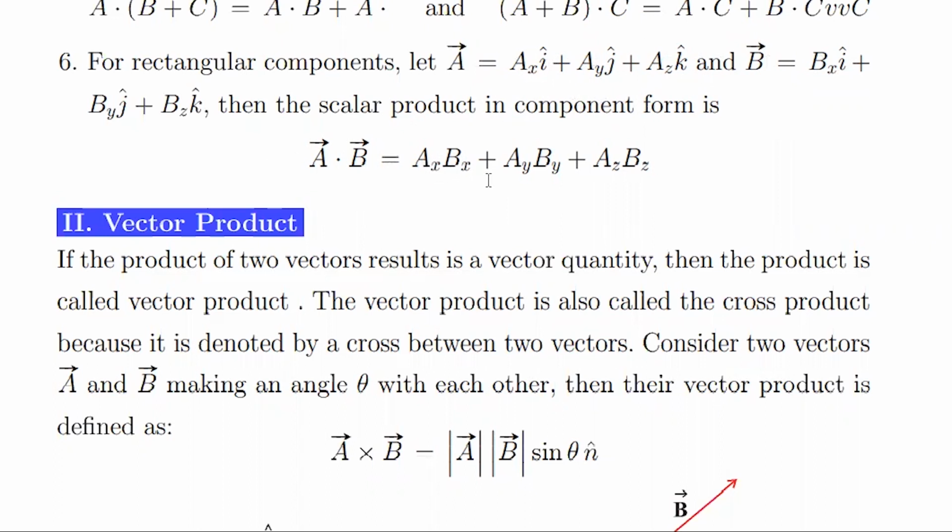Then we will get AX BX. Similarly, AY BY and AZ BZ. This is a simple case. The rest of the terms, like AX BY, will be multiplied with their unit vectors, I dot J. They will be equal to 0. That's why we will not write them here. So then simply A dot B is equal to AX BX plus AY BY plus AZ BZ.